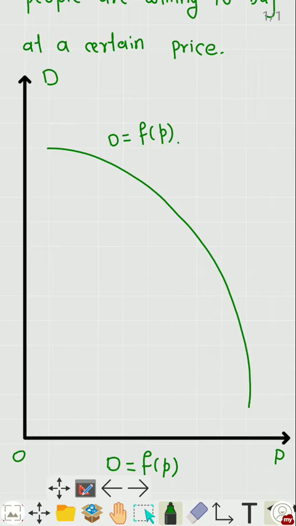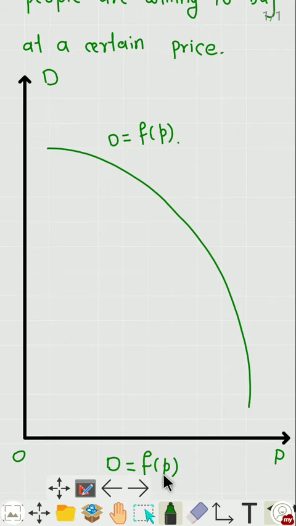Therefore, the demand is a dependent variable and the price is an independent variable in a demand function. Thus, we write the demand function as D is equal to f of P, where D is the demand and P is the price.